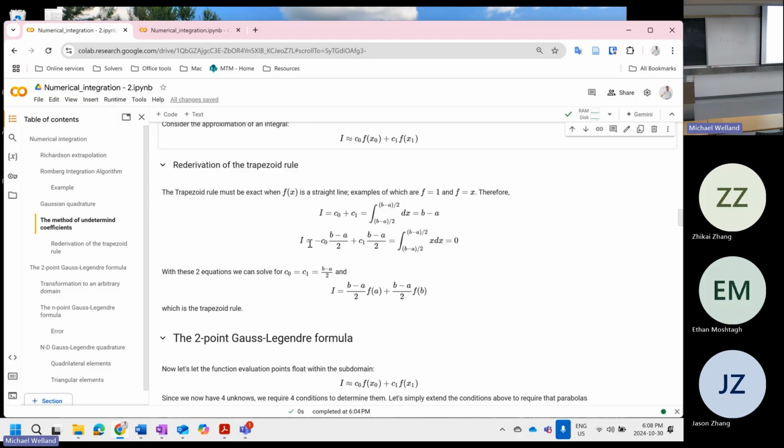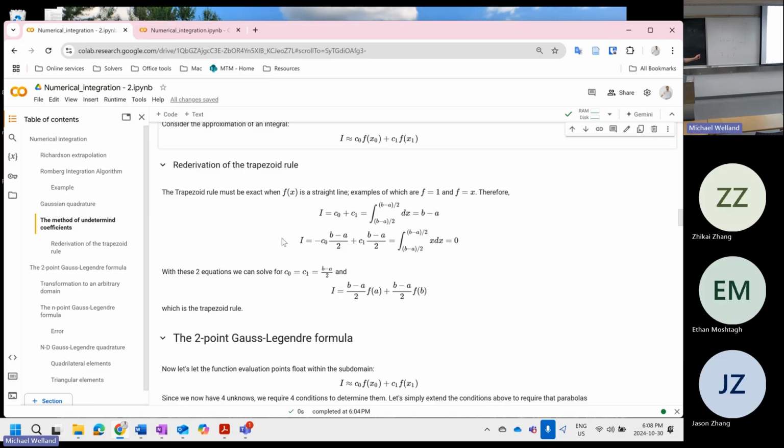Okay? Then you repeat the procedure, now with a function which is a straight line. Again, it has to be equal. And because we're doing this in kind of an abstract thing, we're centering a and b over 0. So we're doing a simple one. We've got that, that's a, that's b. When we do a line, f is equal to x, right?